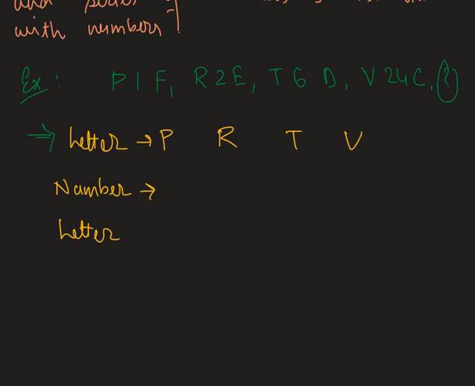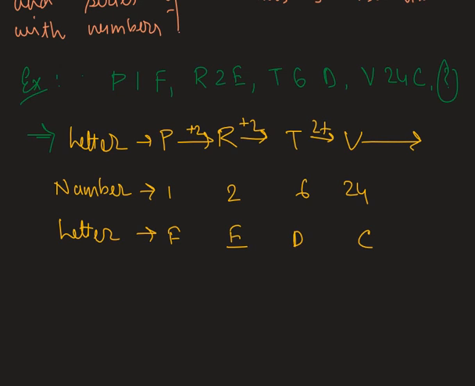The numbers are 1, 2, 6 and 24 correspondingly, and then we write FEDC, that is the last letters of each cluster. As we can see, if we add 2 to each of the previous letters, we get the next one. Therefore, our last letter is X.